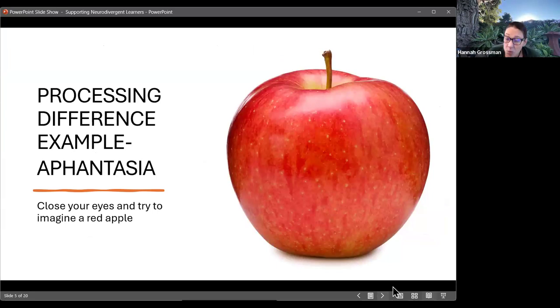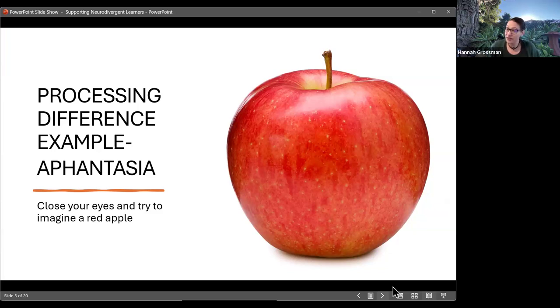Now this is one example of a processing difference. It is a visual example, and I apologize if it is not accessible to everyone. This is a processing difference associated with a difference called aphantasia.